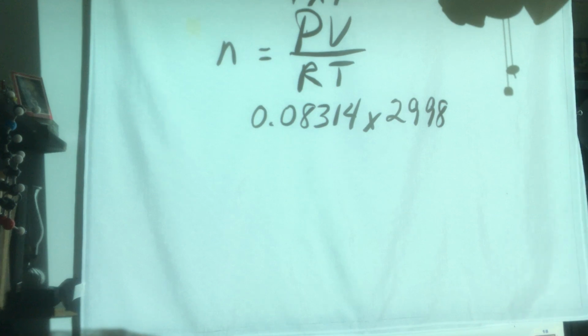Put too many nines there. So we have 1 bar. Since it's per liter, we have 1 liter. So we punch that in. 1 divided by, don't forget to open parentheses, there are 2 numbers on the bottom.